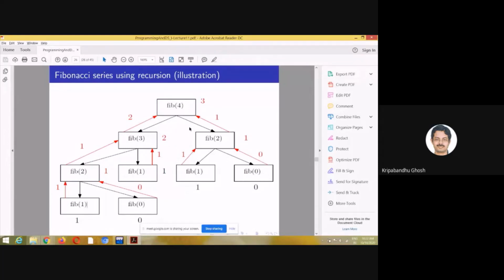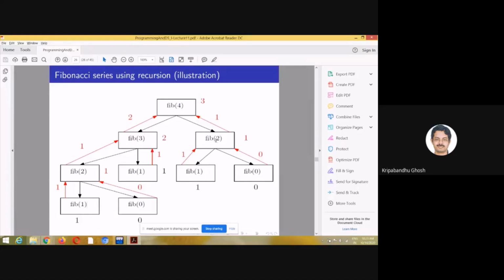See that when we calculate Fibonacci 3, we are calculating Fibonacci 3 and Fibonacci 2, right? So let's assume that the system calculates this part first. So we have Fibonacci 3. Then suppose after we have the value of Fibonacci 3, the system is calculating Fibonacci 2.